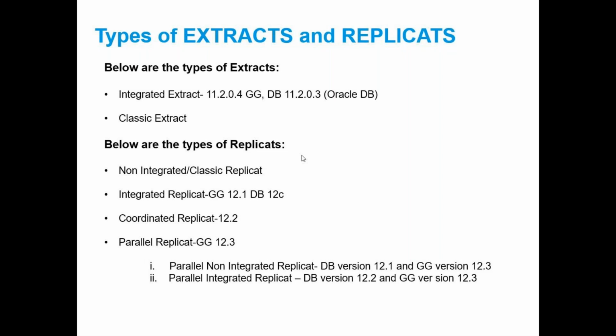Your target doesn't know whether the data extraction has been done by integrated Extract or classic Extract. Similarly, your source Extract doesn't know whether the target has classic Replicat, integrated Replicat, coordinated Replicat, or parallel Replicat.